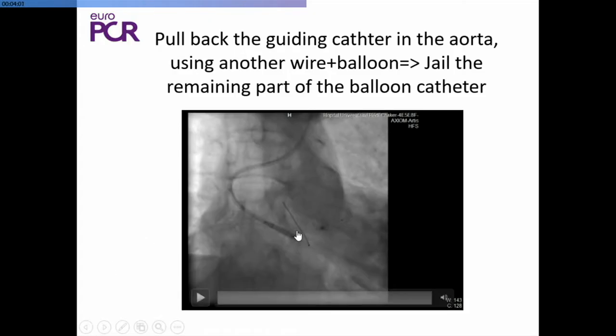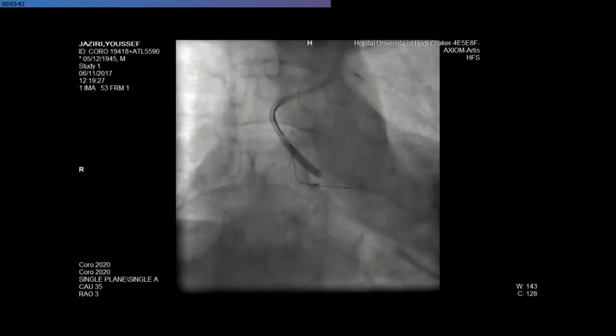I put a wire in the aorta, pulled back the guiding catheter a little bit, and put another wire in the aorta and tried to use another balloon to jail the remaining part of the balloon catheter. The first attempt failed, but I tried again and succeeded in pulling back all the remaining part of the catheter and the balloon, and here is the balloon that I pulled back.